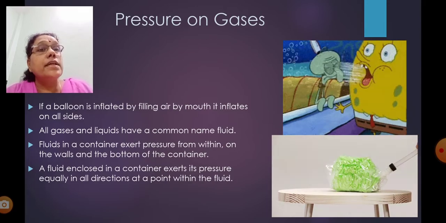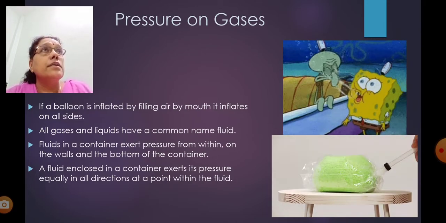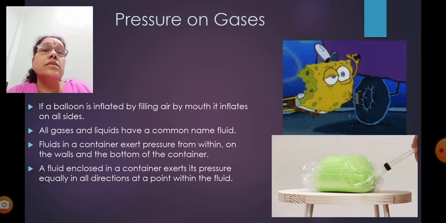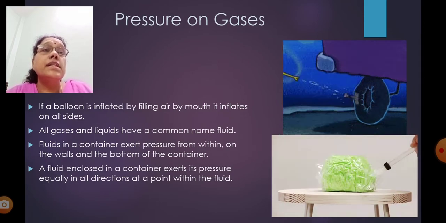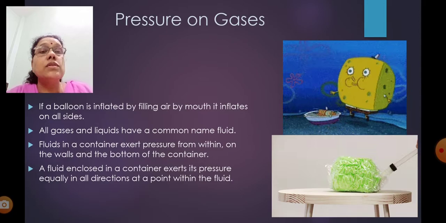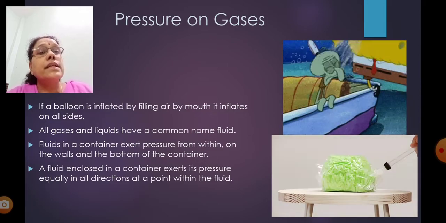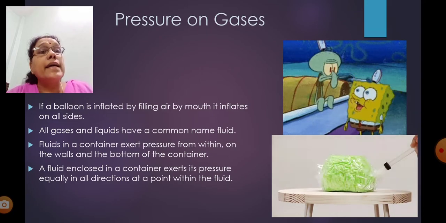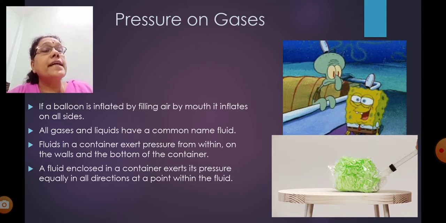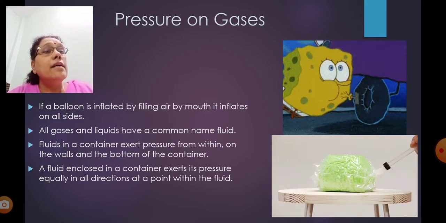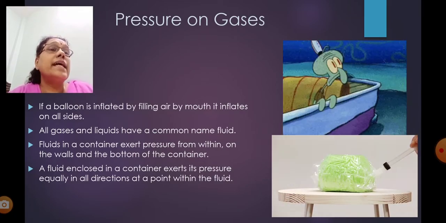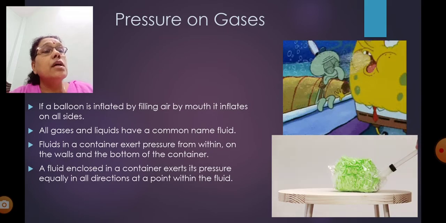For birthday celebrations and all, you are using balloons for decorating your home. Inside the balloon, it is filled with air. Because of the air, the balloon is getting different shapes. Here in the pictures, two diagrams are shown. In the first diagram, the air is coming out from the tire.